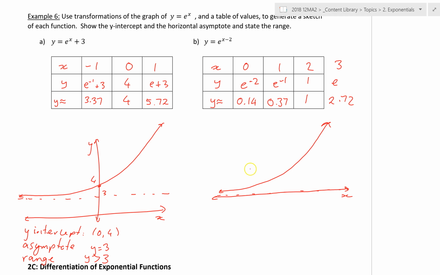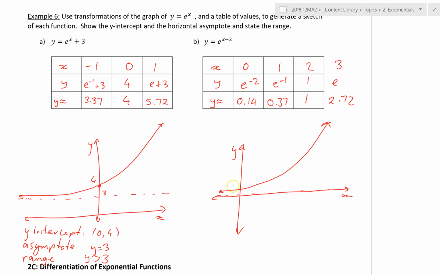Normally if it's just y equals e to the x, when x equals 0, y equals 1, so we usually get the y-intercept at (0, 1). This time we get it at 0 and this little number here, so it's down here somewhere.